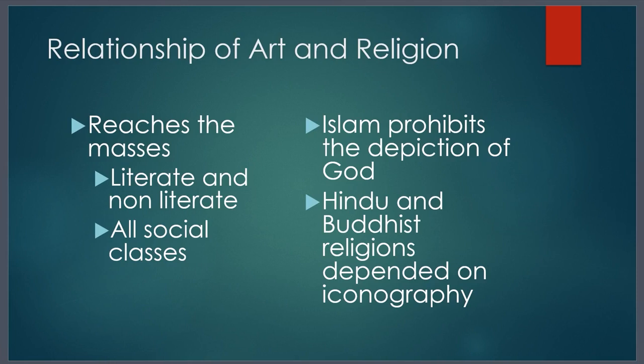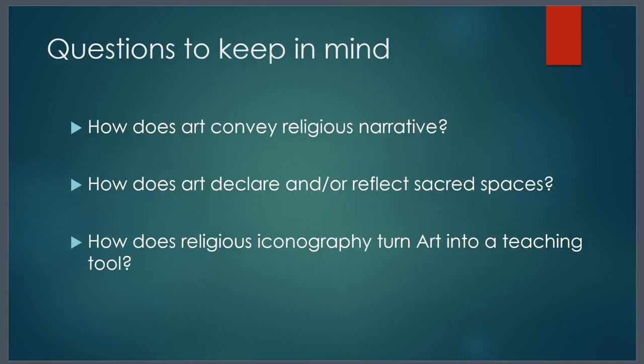But writings were all inside of temple walls. So you had depictions of flowers and things of nature, but not of people. So that's very important to know. Hindu and Buddhist religions heavily depended on iconography. So you're going to see the change between those two.